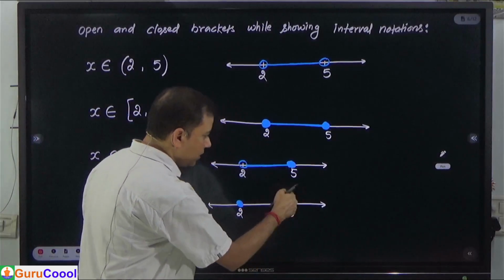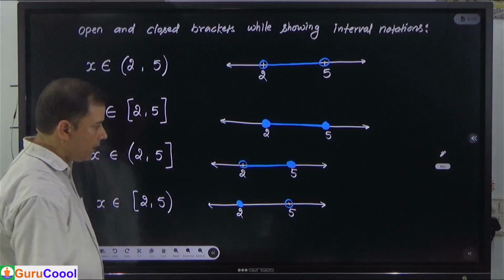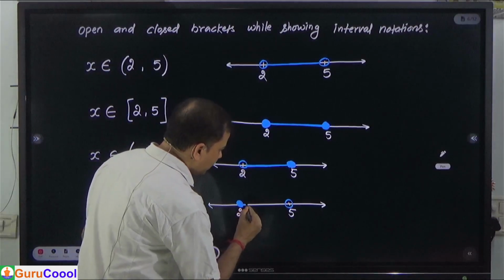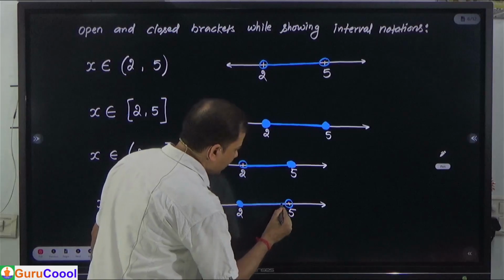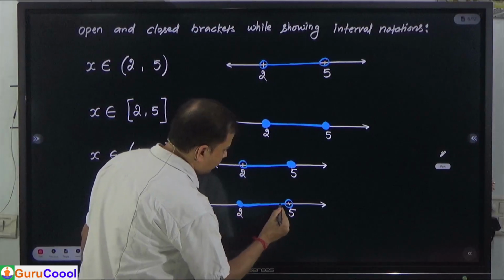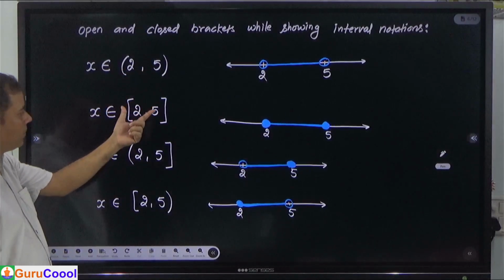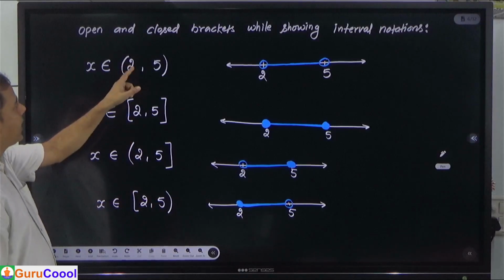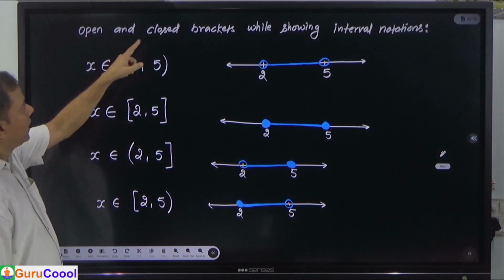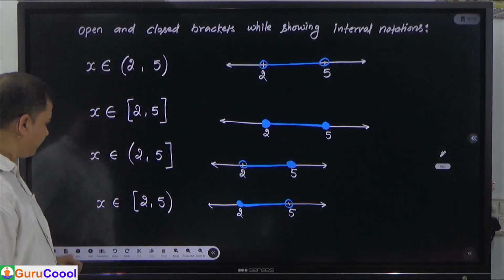So make a circle, don't color it. And X is equal to any number between 2 and 5 also. So these are the interval notations. The meaning of interval notations I have explained: open bracket and closed bracket.